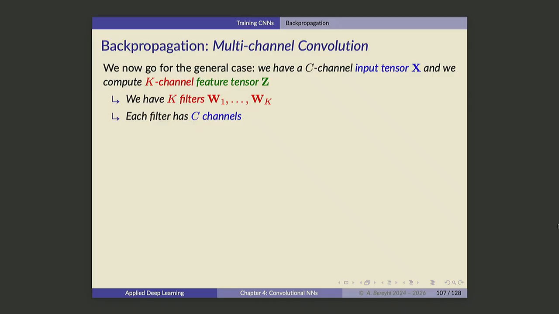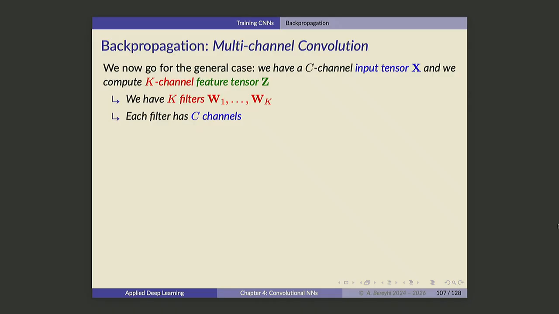If I do such grouping, it means that I get this first channel here, and go to the second filter, take its first channel again, till the last filter, first channel. I can group them into one new filter. So it's going to be W1 reverse channel 1, W2 reverse channel 1 again, WK reverse channel 1.